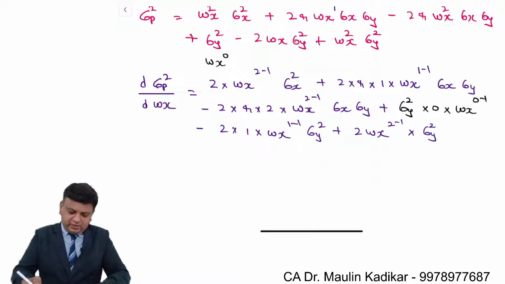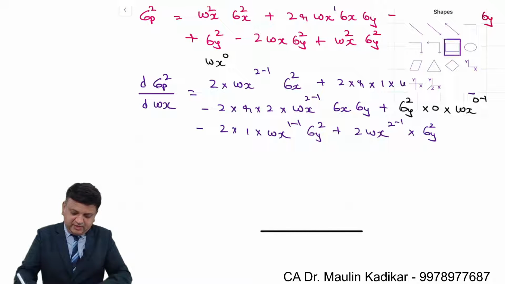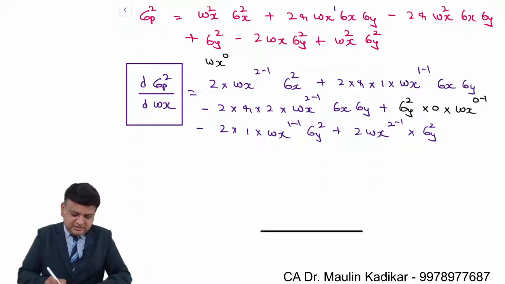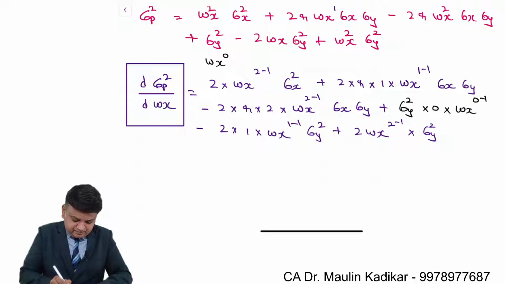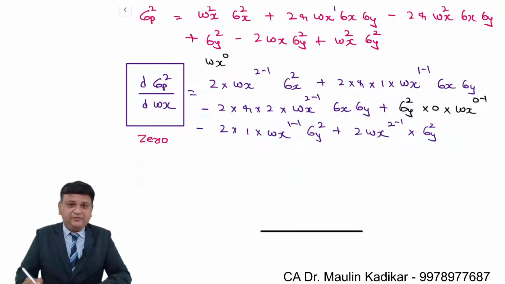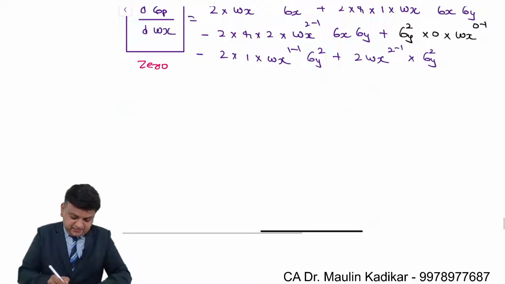Now dear students, importantly, in case of the minimum variance portfolio, there is an extreme value, so this is always 0. That is by default in the formula, so this will become 0 for the minimum variance.